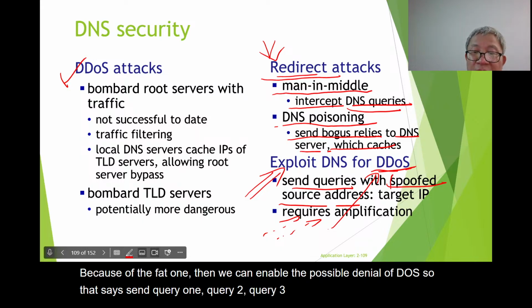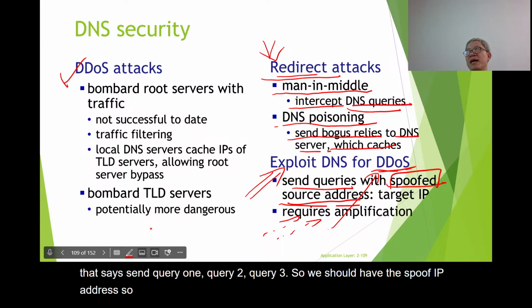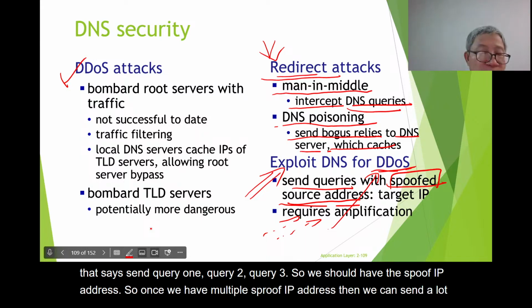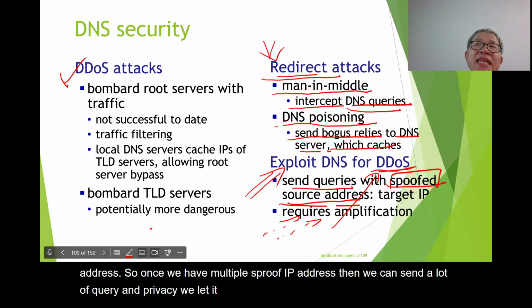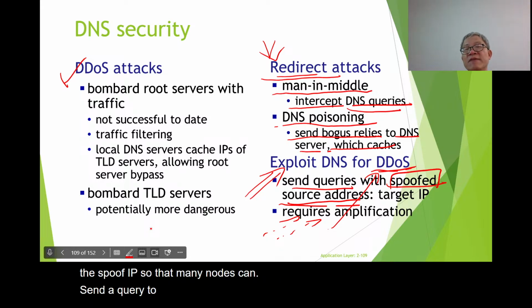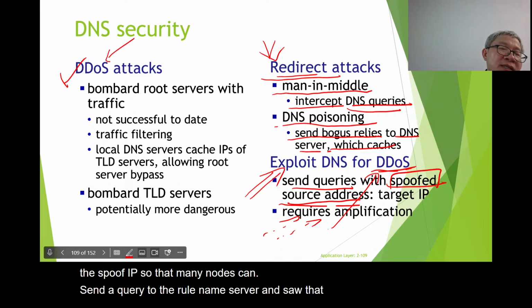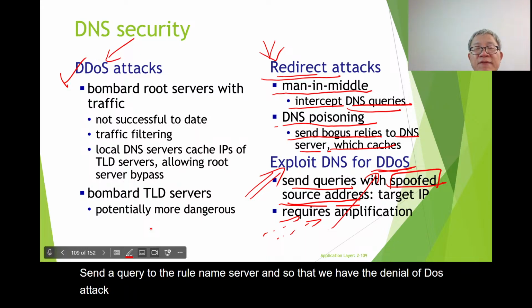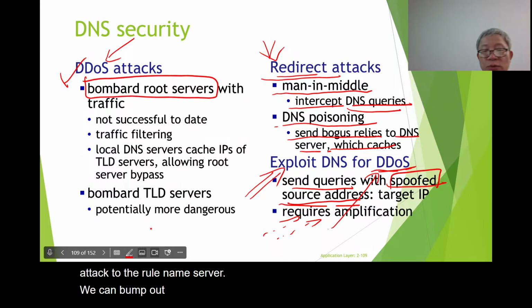So we should have the spoofed IP address. Once we have multiple spoofed IP addresses, then we can send a lot of queries. And previously we didn't know we have a botnet. Botnet will use the spoofed IP so that many nodes can send the query to the root name server. And so we have the denial of service attack on the root name server. And we can bombard the root name server for sure.